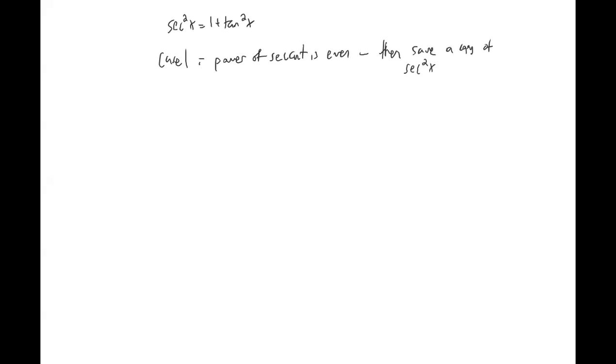So why did I do that? What is the derivative of tangent? Can anyone tell me? If I'm going to let u be tangent, what is du? Yeah, exactly. So that's exactly why I do this, right?